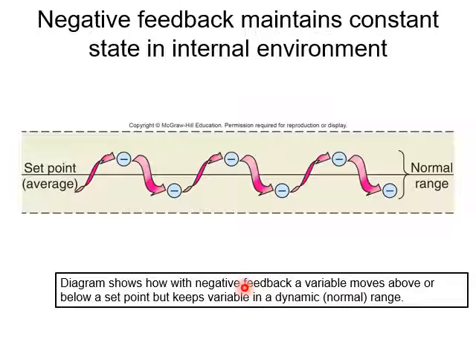You might want to write that down. Negative feedback is homeostatic. All right, because once it gets too high, we're going to shut it off, it comes back down, and if it starts getting too low, we turn it back on, bring it back up. Okay, so this negative feedback is turning it off, turning it on to keep those variables within the range.